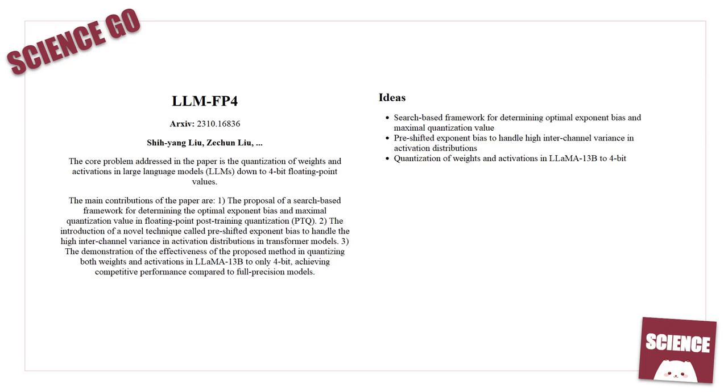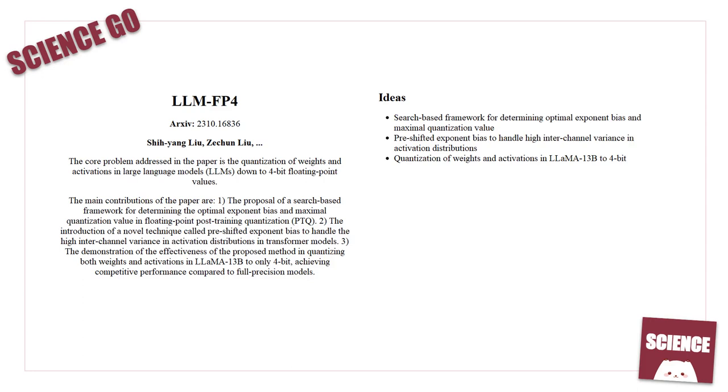The paper LLMFP4 addresses the problem of quantizing weights and activations in large language models down to 4-bit floating point values. It proposes a search-based framework to determine the optimal exponent bias and maximal quantization value in floating point post-training quantization. Additionally, it introduces a technique called pre-shifted exponent bias to handle the high interchannel variance in activation distributions in transformer models.